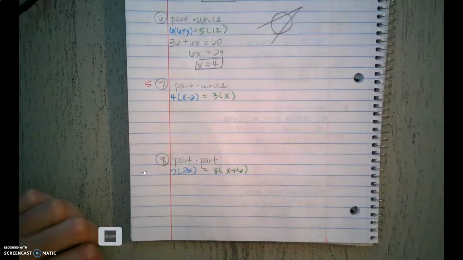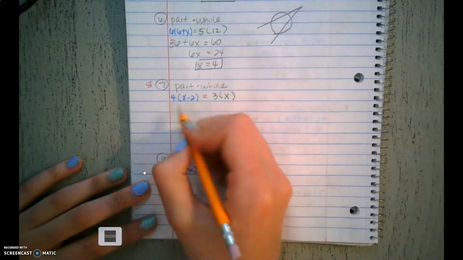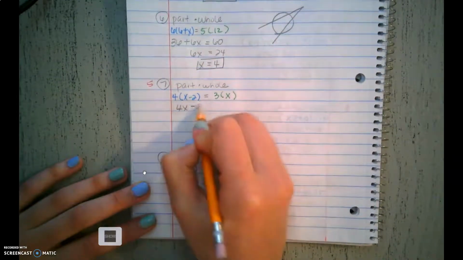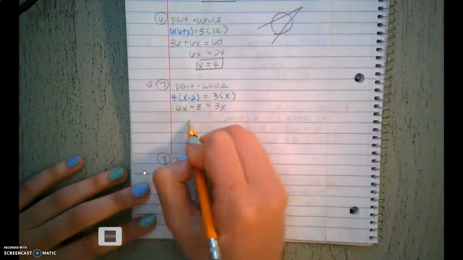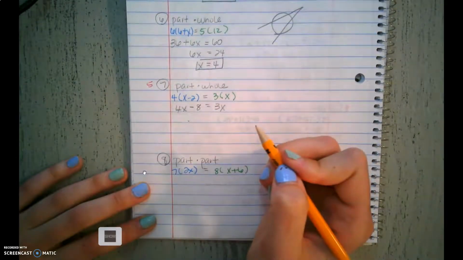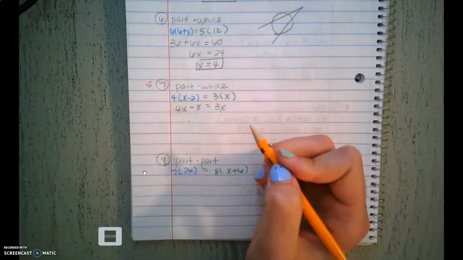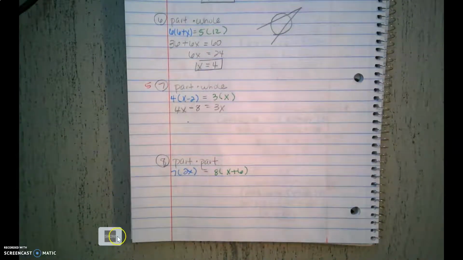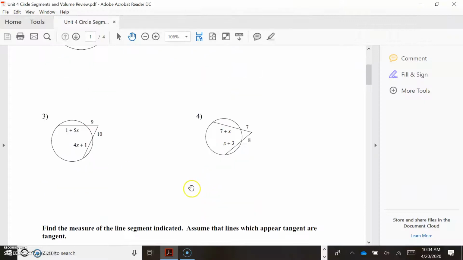Number 5, again, part times whole, we had 2 secant lines then. So this is 4x minus 8 is equal to 3x. Let's see here. That's not going to give me a 5 back, so I'm going to look to see if I copied the problem down wrong.